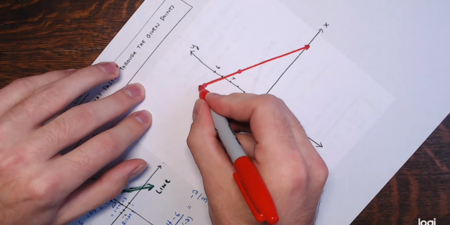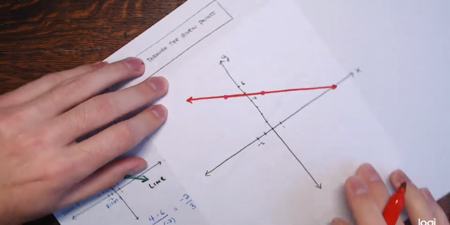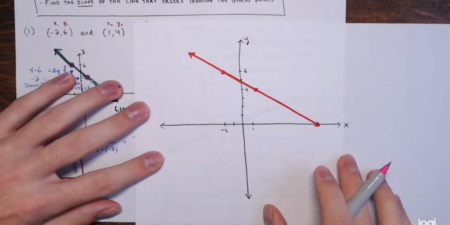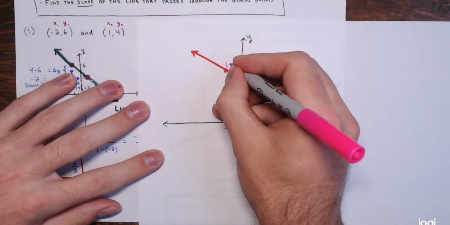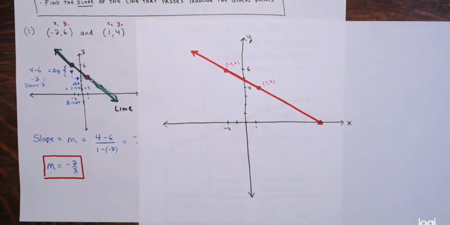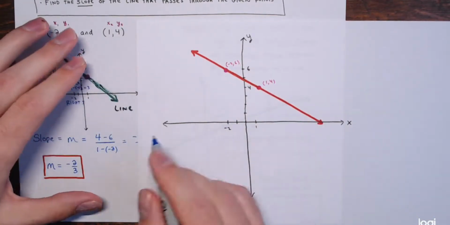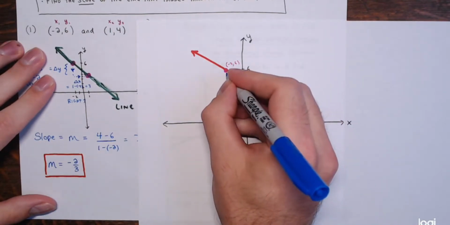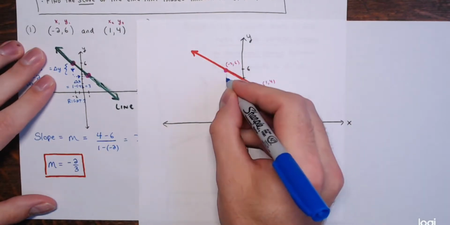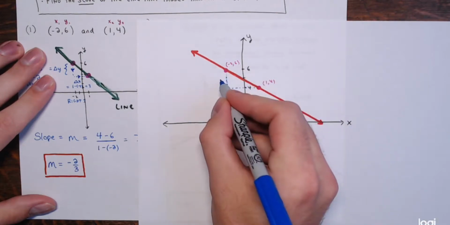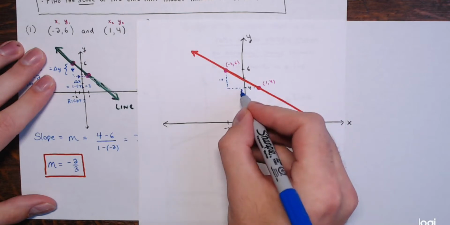If you have a ruler and graph paper, that would be great. And let me actually label these two: negative 2, 6, and then 1, 4. Okay, great. And like I said, you can think of this as rise over run. From this point, I go down 2, right 3.